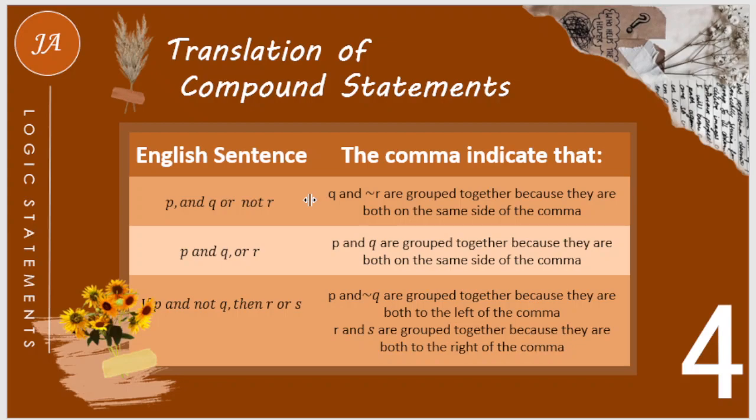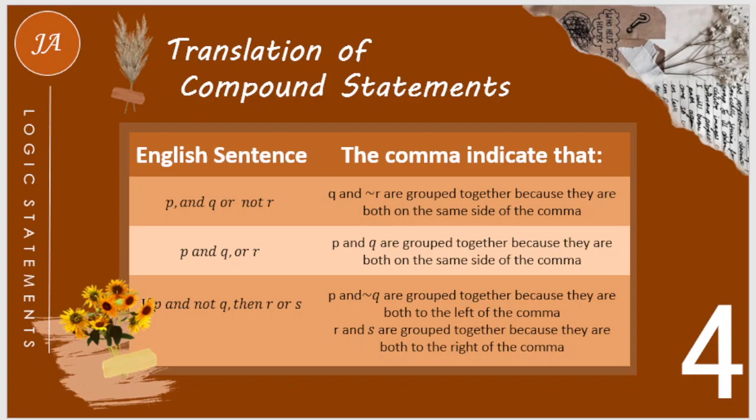For the last one, we have here if P and not Q, then R or S. Therefore, P and not Q are grouped together because they are both on the left side of the comma. R and S are grouped together because they are both on the right side of the comma.